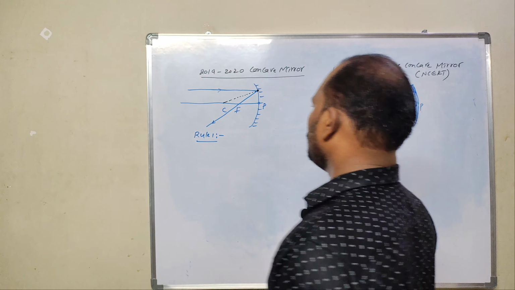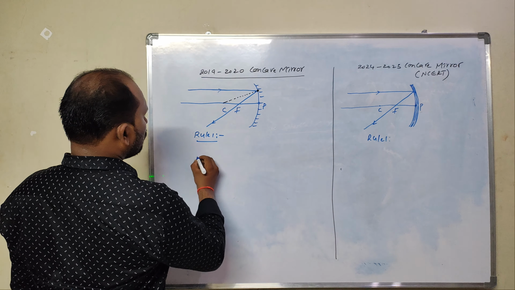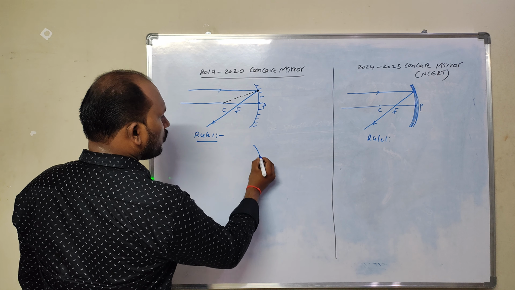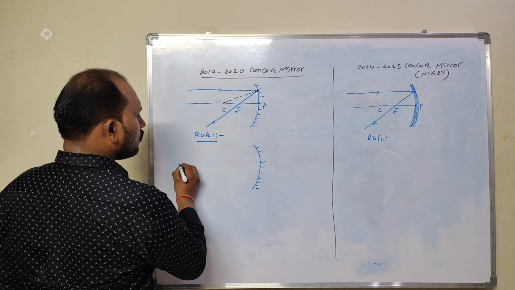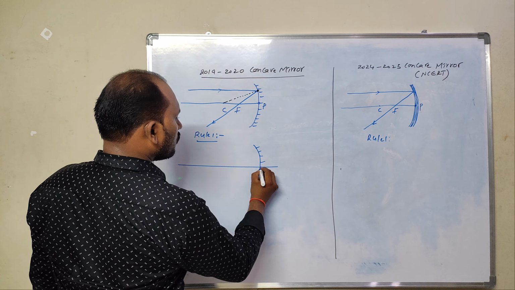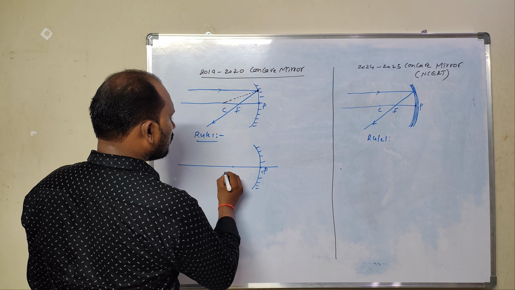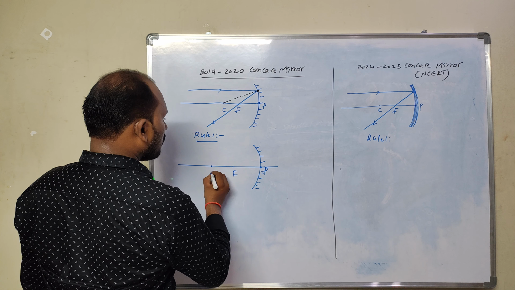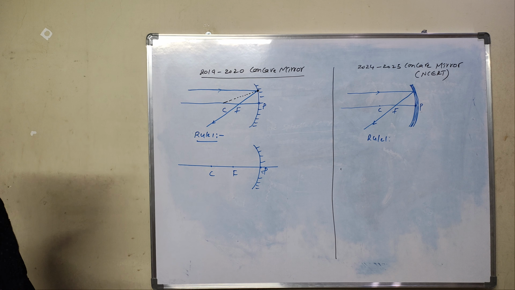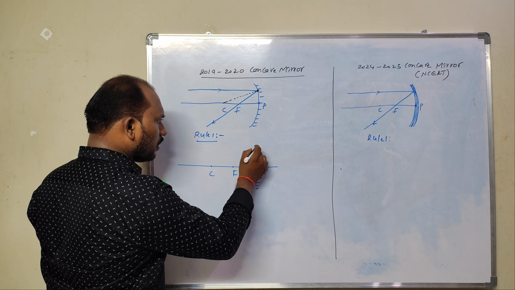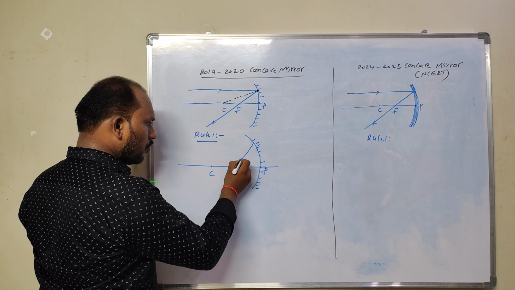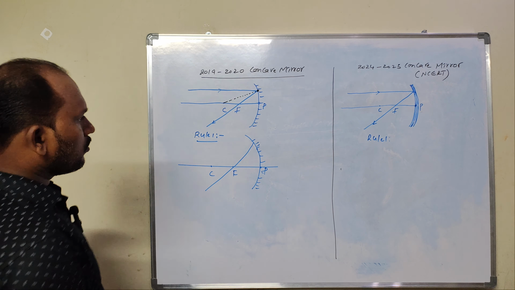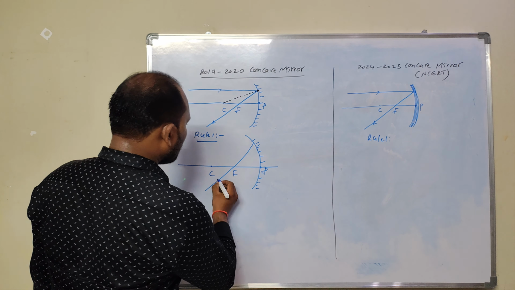So what is rule two? Here is P, this is F, and this is C. A ray passes through focus, and it must be straight, keep in mind, guys.